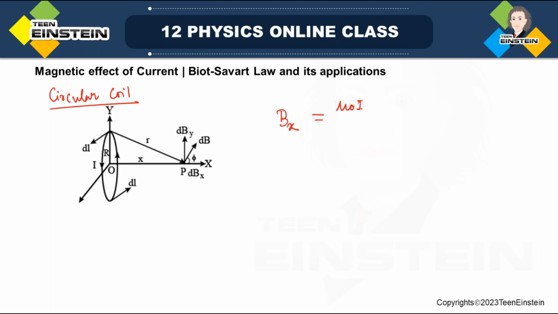mu0 I by 2. Sorry, this is not 4 pi, it is mu0 I by 2.